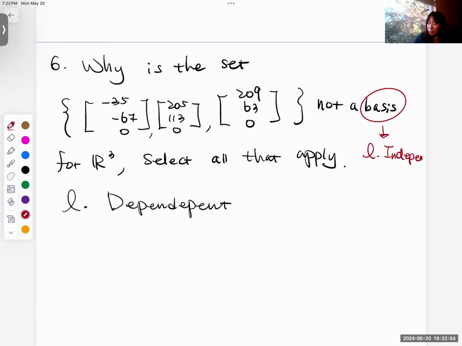What else? The spanning set. Linear combination, spanning set, right? Yes. Spanning set means we can express as linear combination.